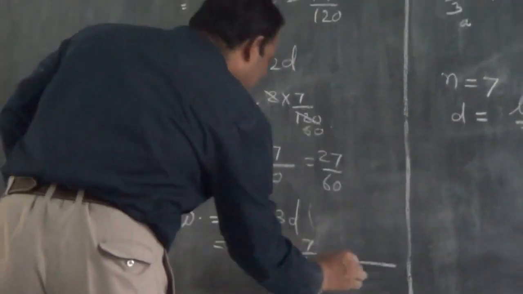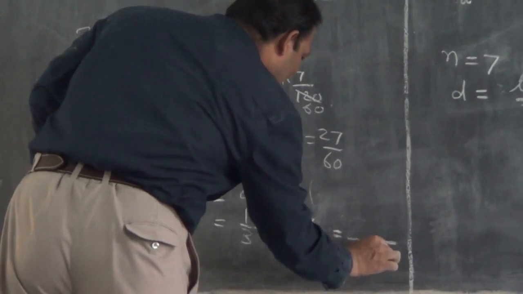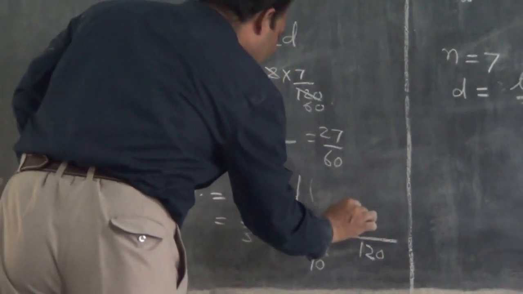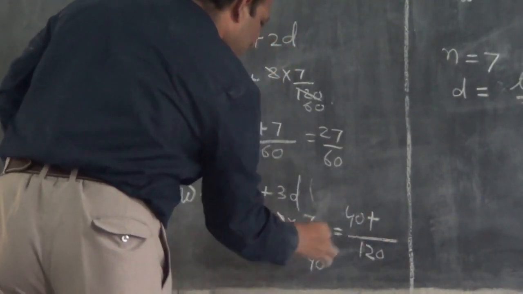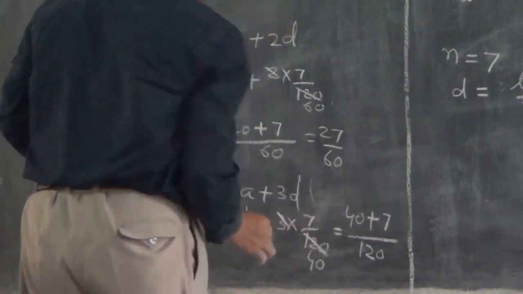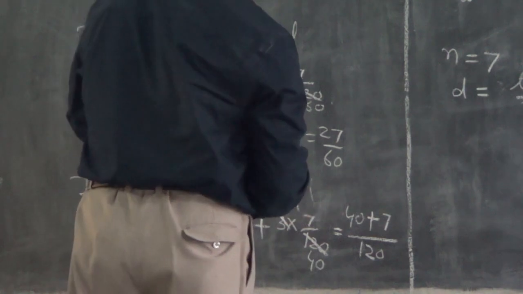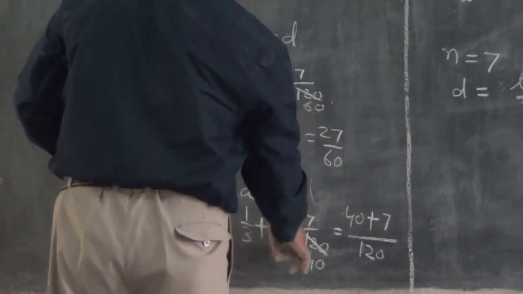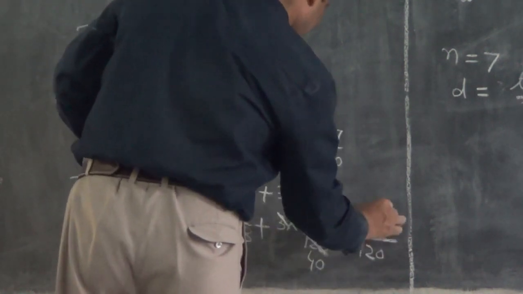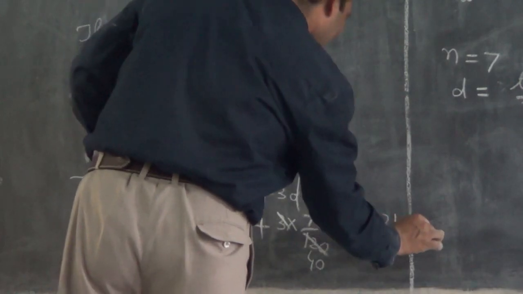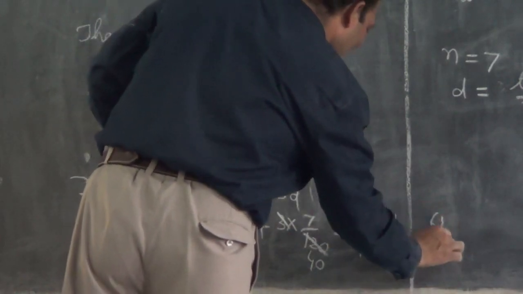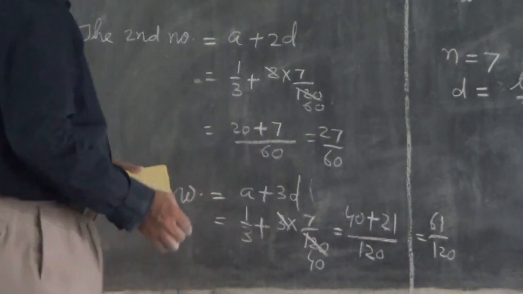Here 40 and here 3 is coming. So 120. So 3 here, 40 plus 7, that is 47. Here 21. So that is 61 by 120.